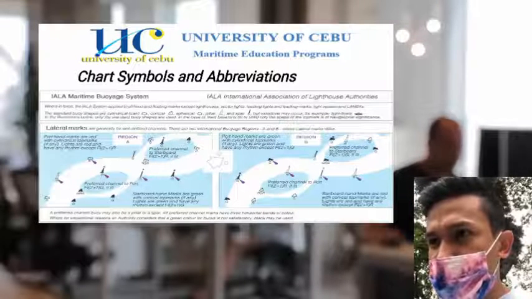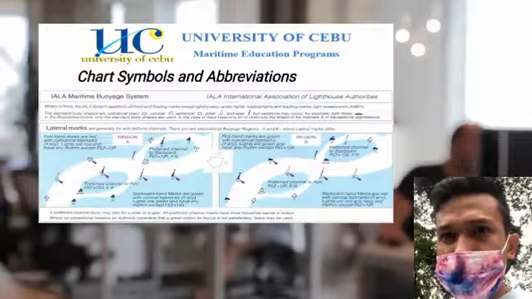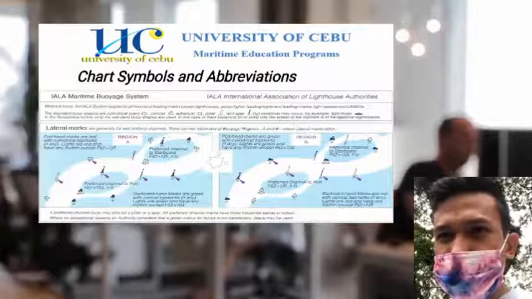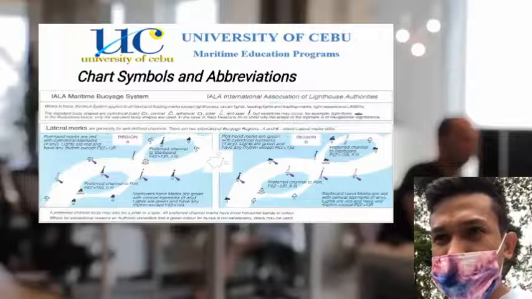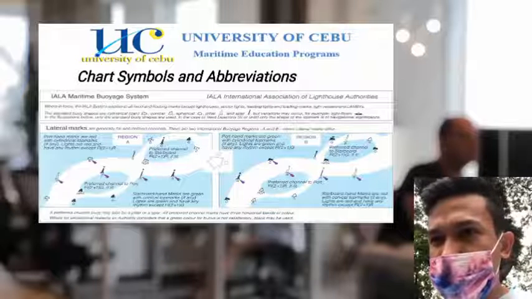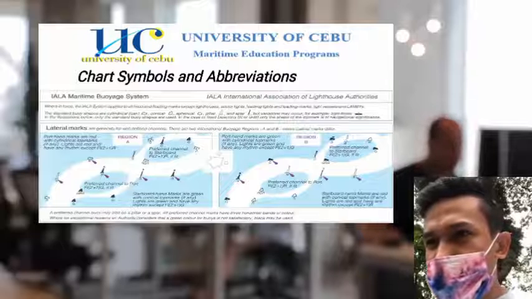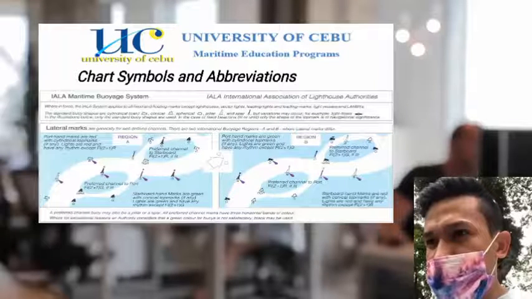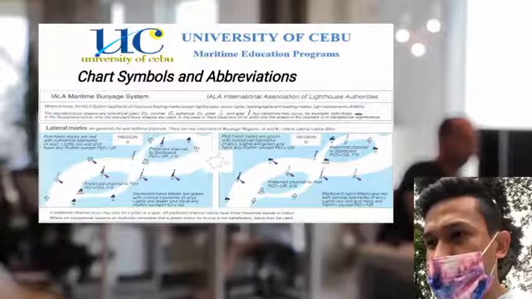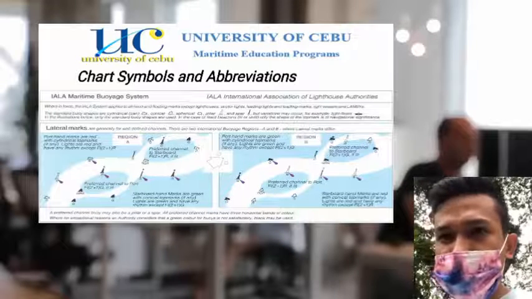For example, the light floats in the illustration below. Only the standard buoy shapes are used. In the case of a fixed beacon, only the shape of the top marks is of navigational significance.